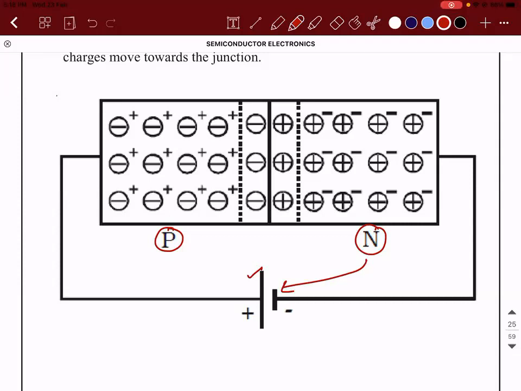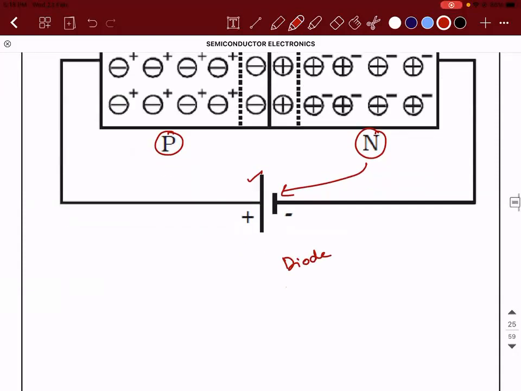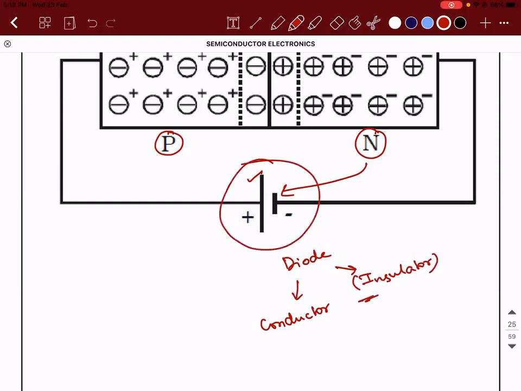I'll tell you why it is forward biased, because the diode has two important properties that it exhibits. One is it can behave like a conductor and it can behave like an insulator also, depending on how you connect this particular battery. Okay, so let me explain how it is happening.